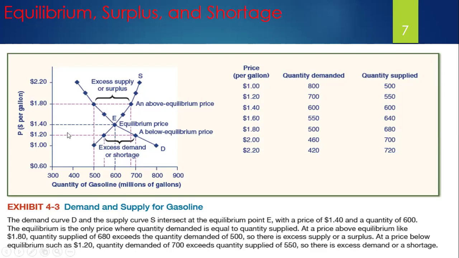Meanwhile, if the price goes below the equilibrium price to $1.20, see what happens here. $1.20. So what's going to happen here? When the price dropped from the equilibrium price of $1.40 down to $1.20, below the equilibrium price, quantity supplied is 550, as you see here, while the market is in need of 700. So can you imagine?